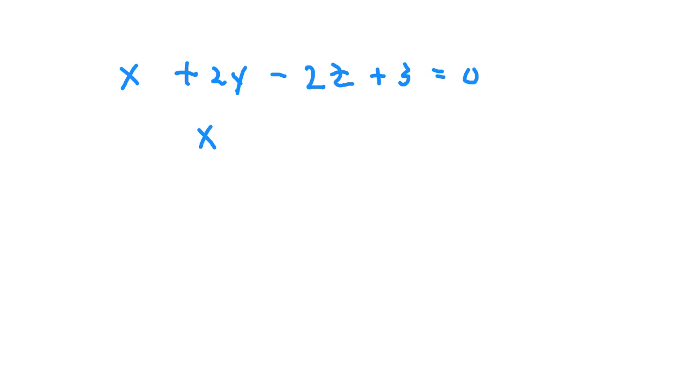And you could express this as x equals negative 2y plus 2z minus 3. I mean, you could, right? You could.